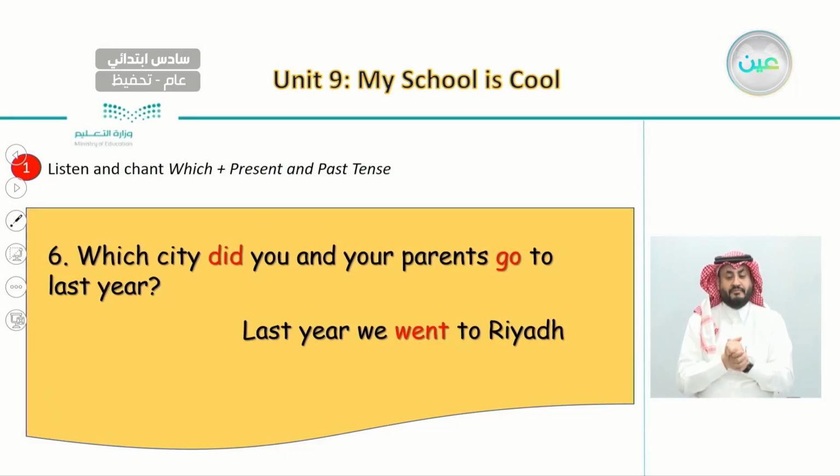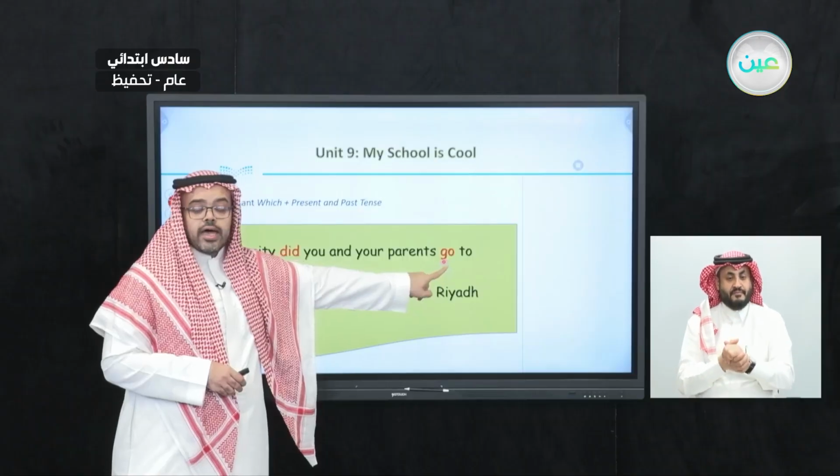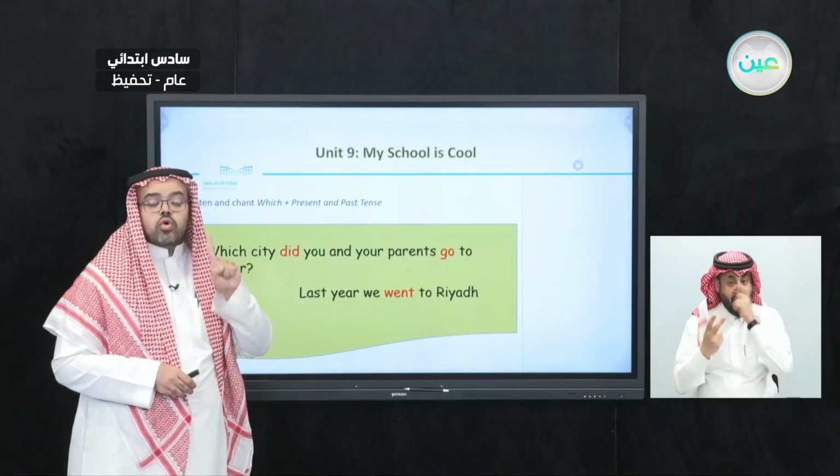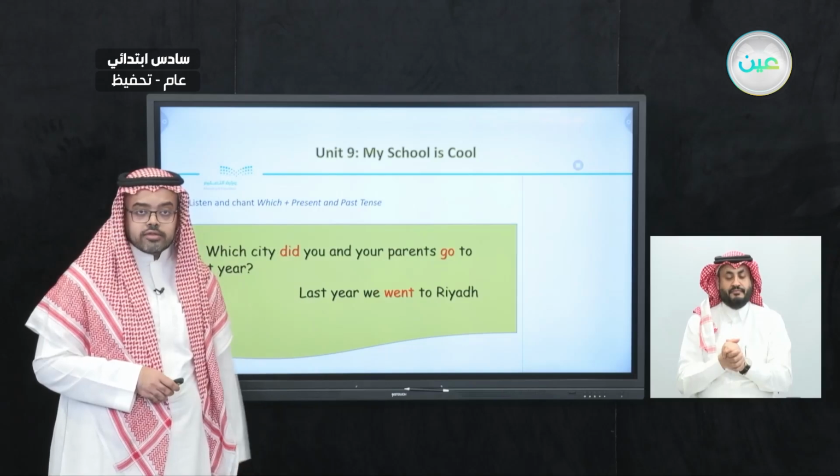But there is one important thing we should pay attention to: when we use did at the beginning of the question, we use the present form of the verb, as it's enough to have only one verb in the past.